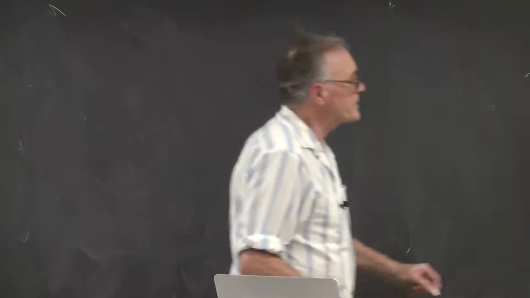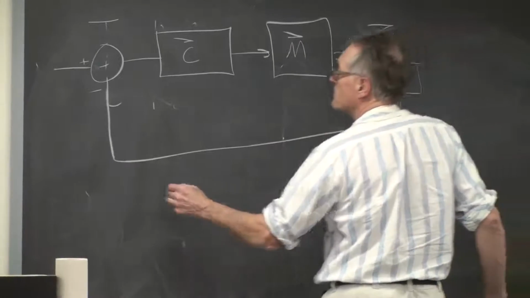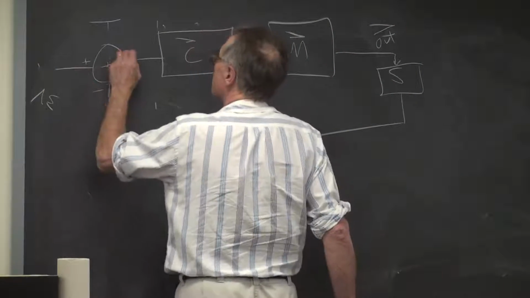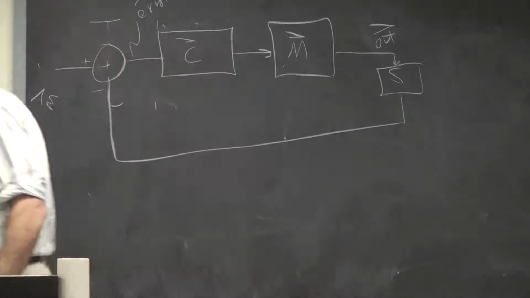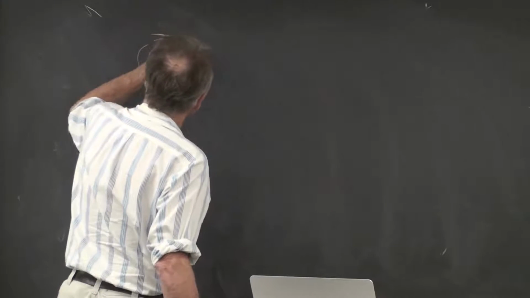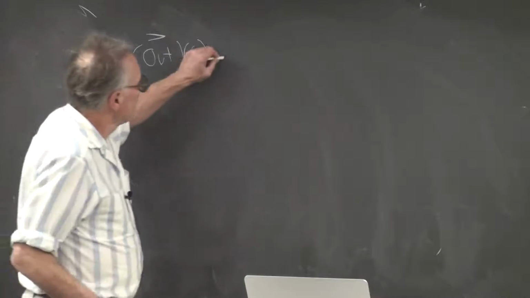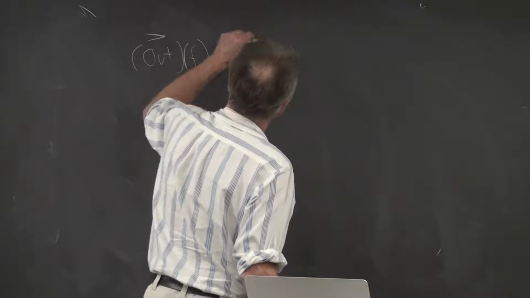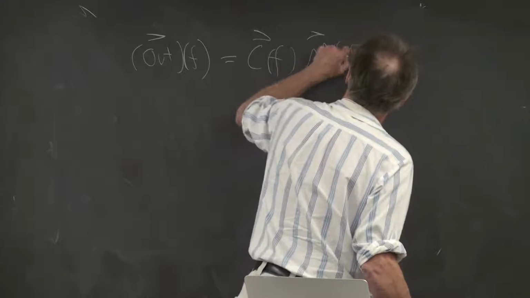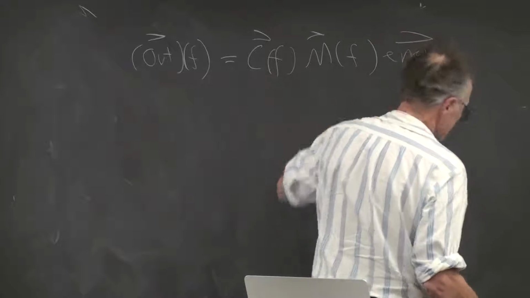So if we call this the output here, this is some sort of input, and this error, then the output as a function of f, the frequency now, because we're solving for a sine wave, is going to be equal to C of f times motor of f times error signal.